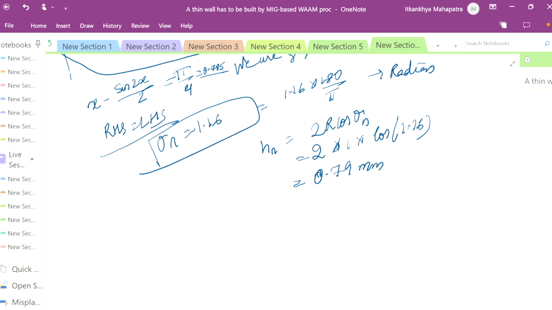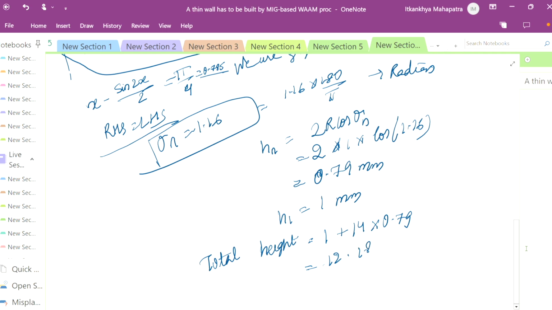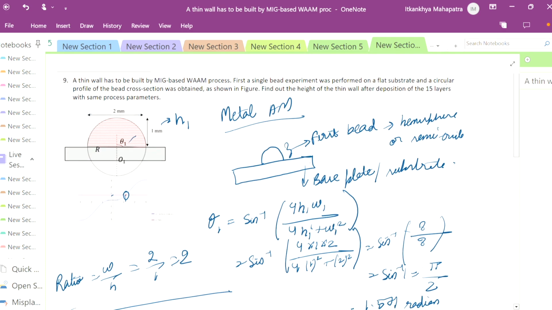This is Hn. H1 was 1 mm. So the total height is 1 plus 14 into 0.79, which is 12.18 mm. This is your final answer.